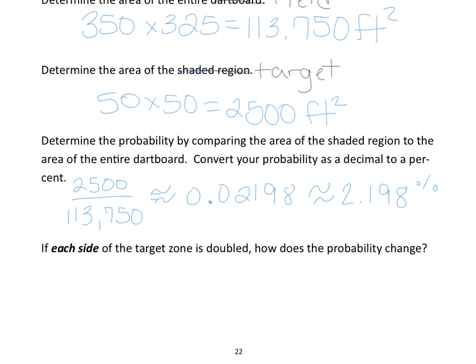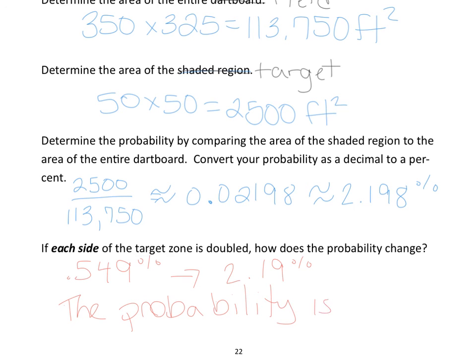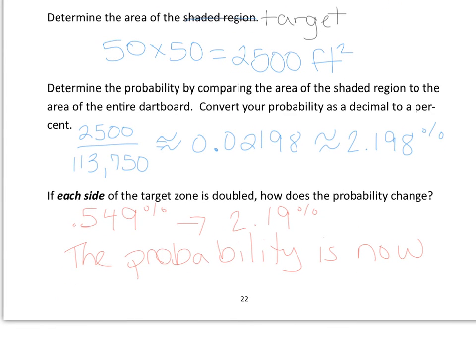We are not asked what is the probability. We are asked if we double each side, how's it going to change? So once again, everything's all approximate because we had to round. But if we're comparing about 0.5% to 2%, that means that the probability is now 4 times greater.